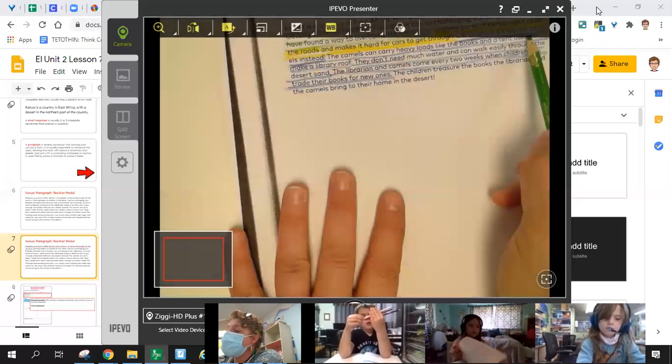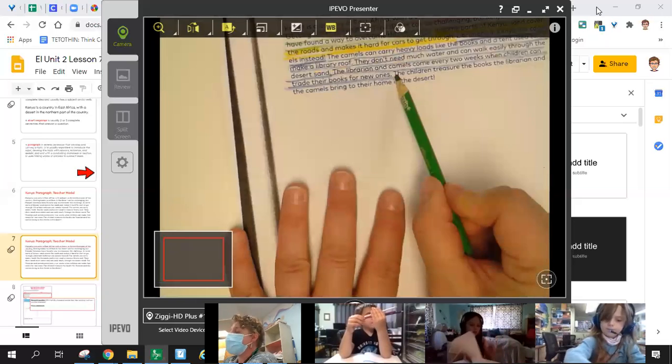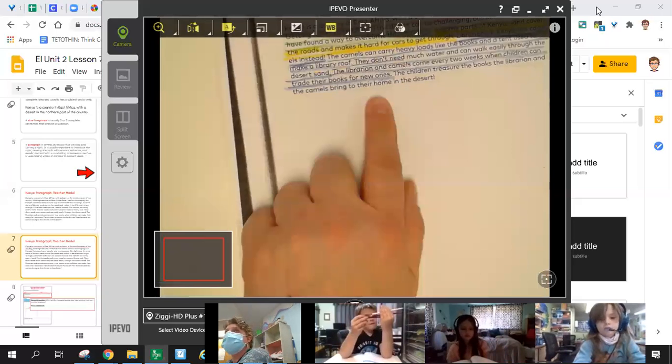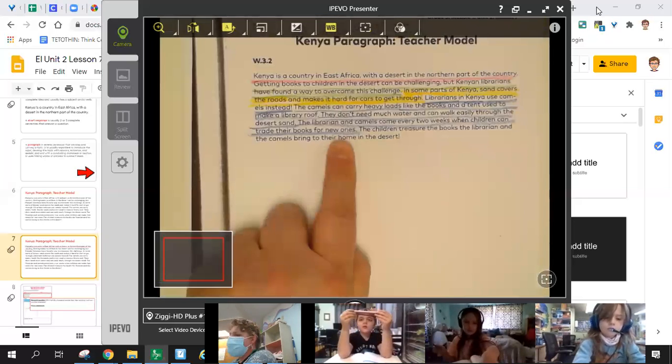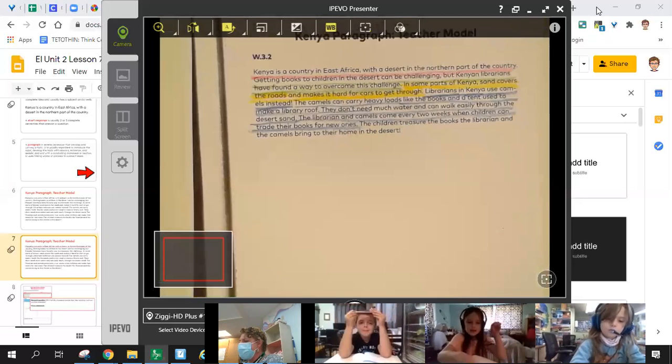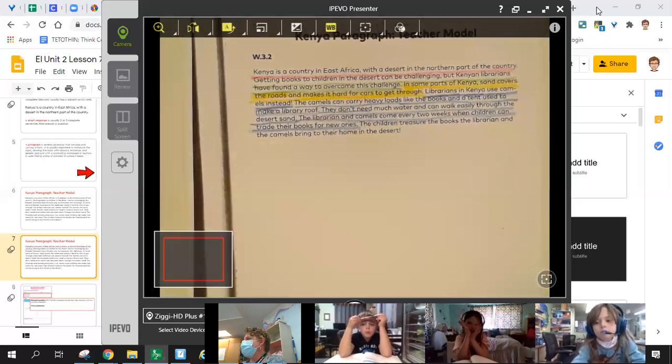Yep, you go all the way from librarians in Kenya to the second to last line, new ones. Oops, sorry. So I have one sentence left and one section left on my note catcher. What do you think, Elena?